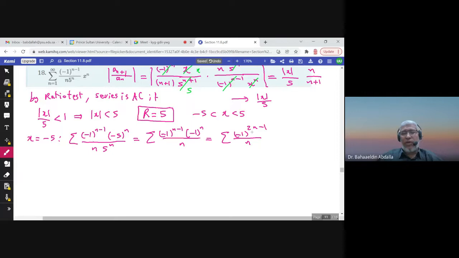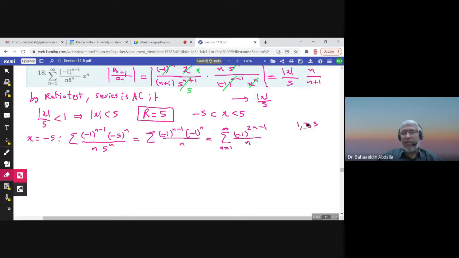And 2n minus 1, if you put in 1, you get 1. If you put in 2, you get 3. If you put in 3, you get 5. So you will always get an odd power. So this is an odd number, 2n minus 1. And when you raise -1 to an odd number, it will remain -1.